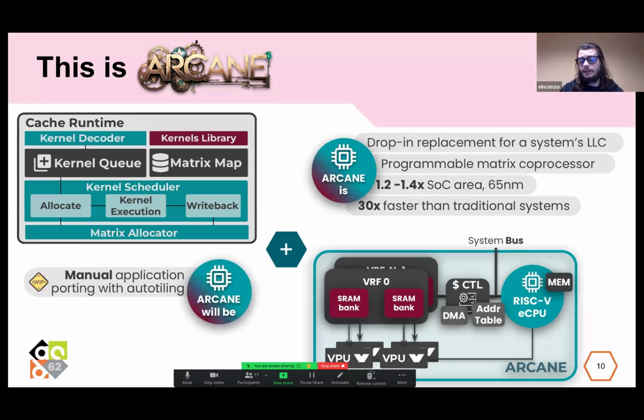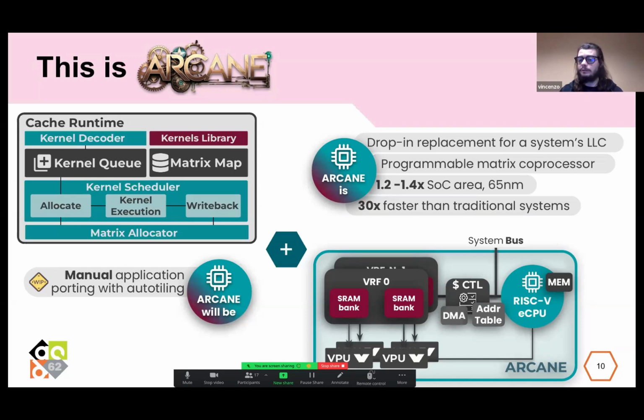What is actually going on in the Arcane development? We are working on introducing a feature called auto-tiling, which is almost complete. Basically, the auto-tiling feature allows you to run a kernel with whatever sized matrices. Let's suppose you have a 1000 by 1000 matrix multiplication by 1000 by 1000. In standard accelerators, you need to think a lot about the tiling, and use whatever framework helps you with it.